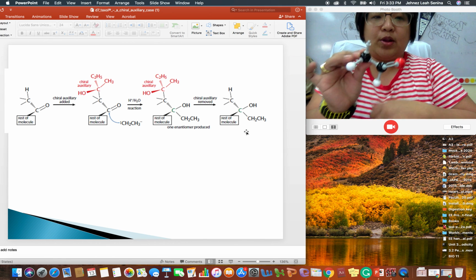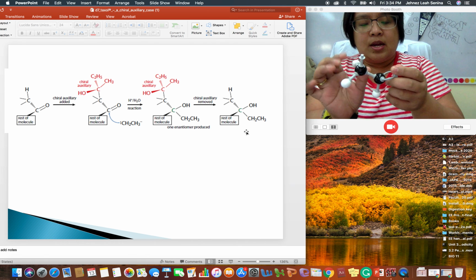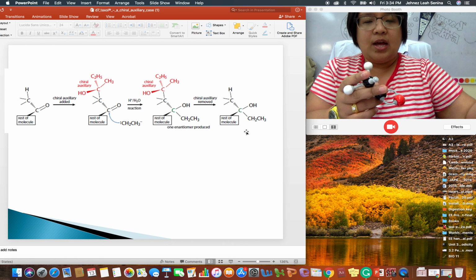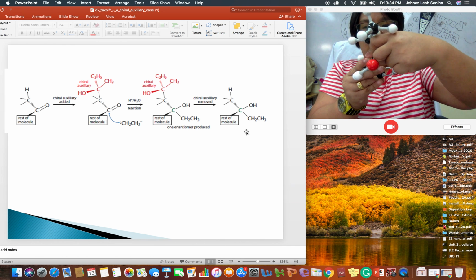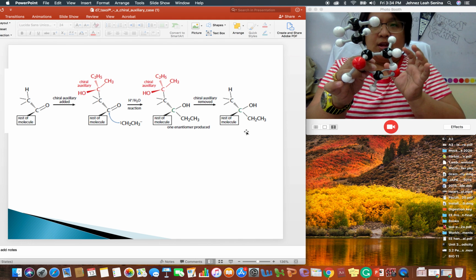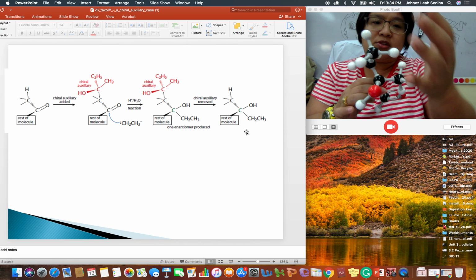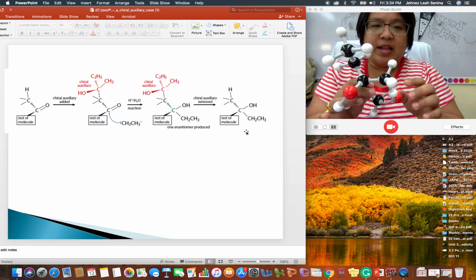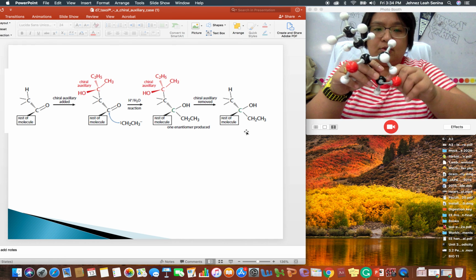For example, you have this molecule. I can break this bond to add one more group here, because there's a double bond. Now, if I put a chiral auxiliary here, as you can see, it creates a shape that results in me adding a molecule in a particular place.